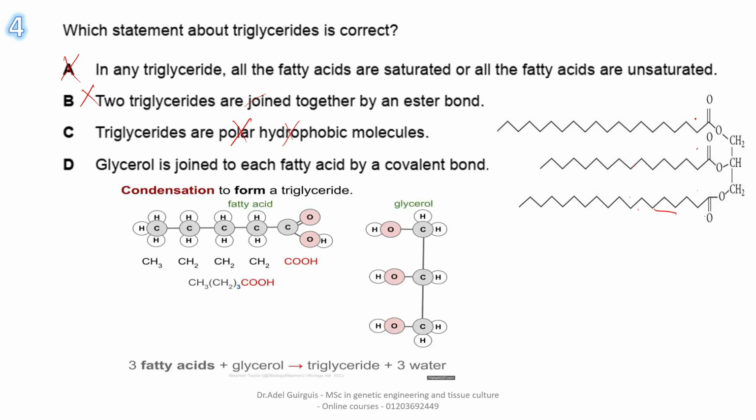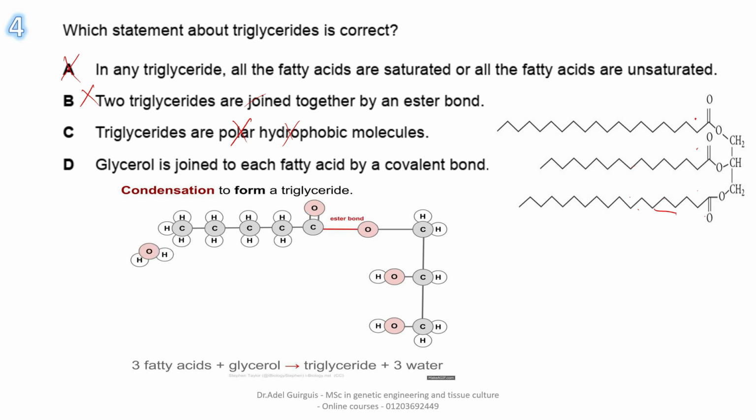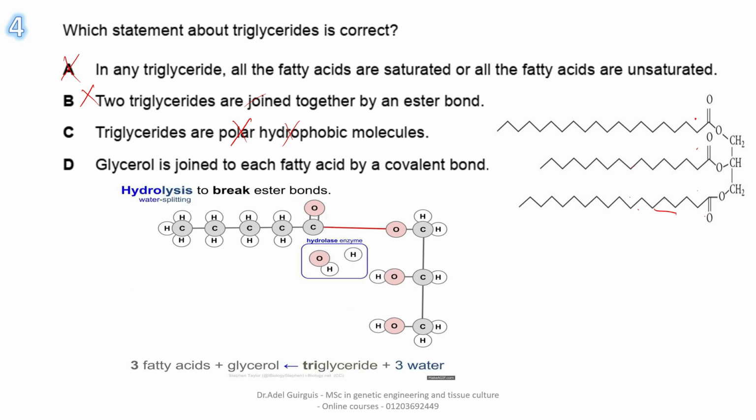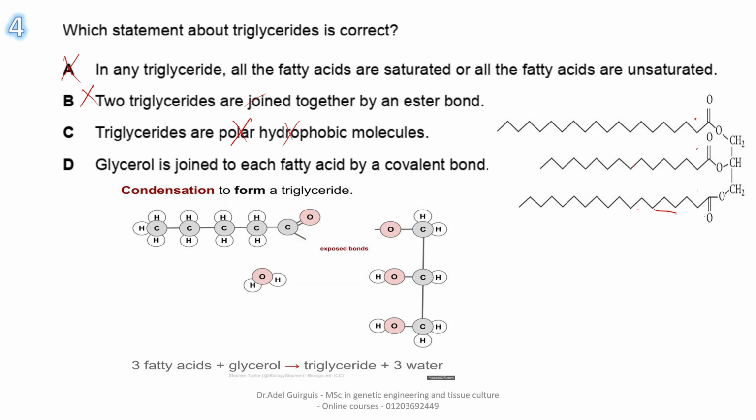Now for the last choice: glycerol is joined to each fatty acid by a covalent bond. Look at this animation several times. Here is esterification, a condensation reaction, dehydration, where water is removed, from H of glycerol and OH of the fatty acid, to remove one water molecule and form an ester bond.